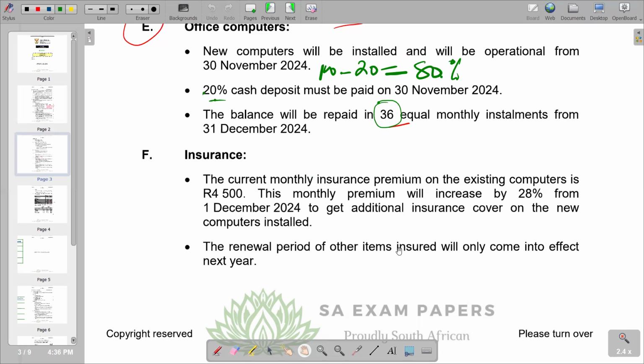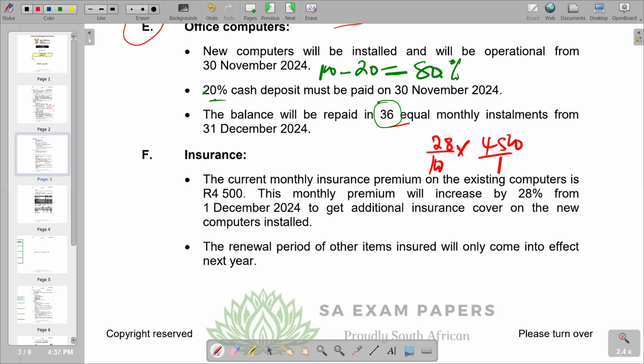The renewal period of other items insured will only come into effect next year. So basically, we see that the insurance is 4,500. So there will be an increase of 28%. So we multiply it as such, whereby we say 28%, just 28 over 100, we multiply by 4,500.